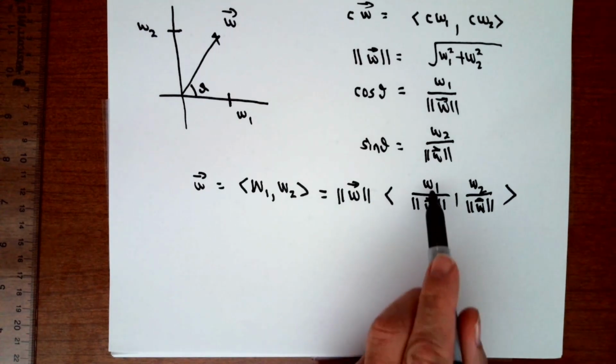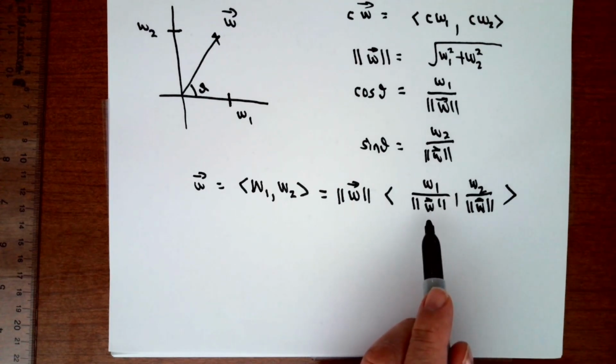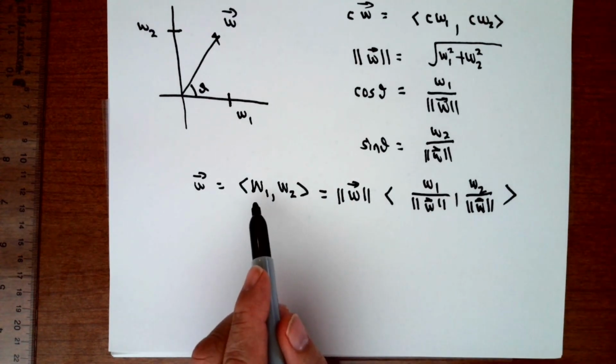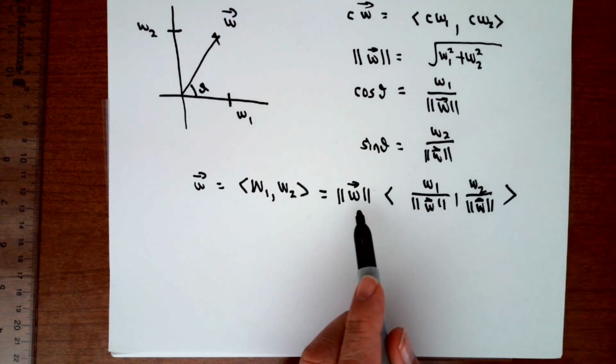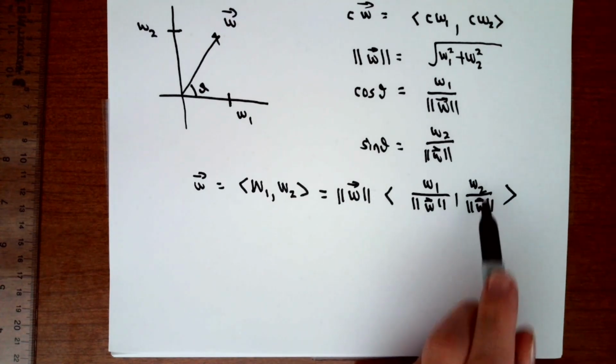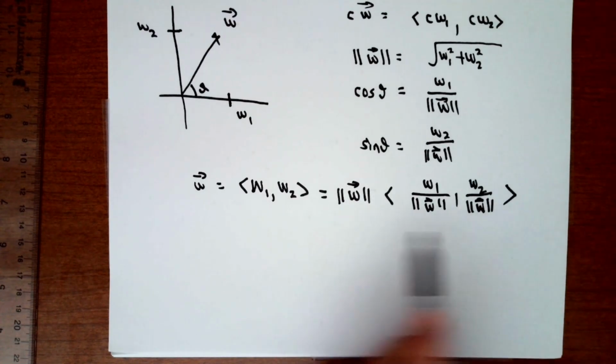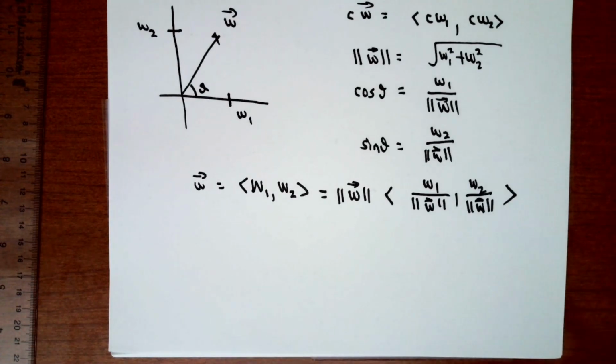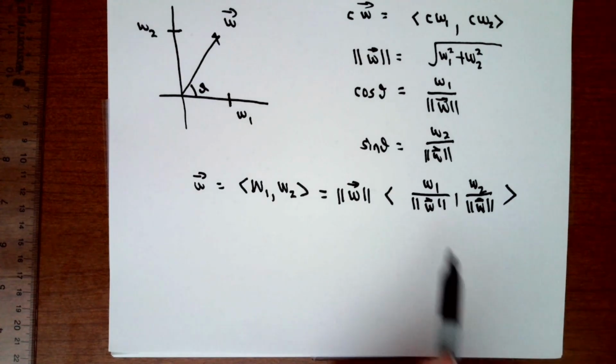Length of w times w1 over length of w would just be w1 again. Length of w times w2 over length of w would be w2 again, so you would get back the component form. The reason that I want to write it like that is those funny looking numbers that remain inside the sharp brackets, these are things we know about.